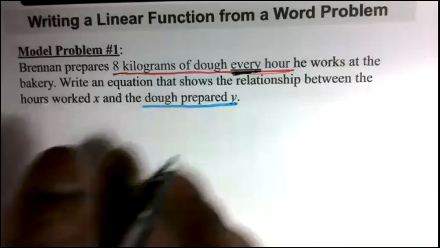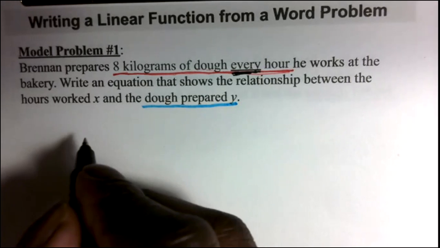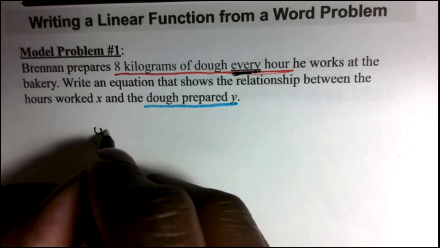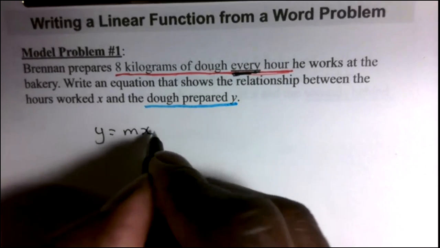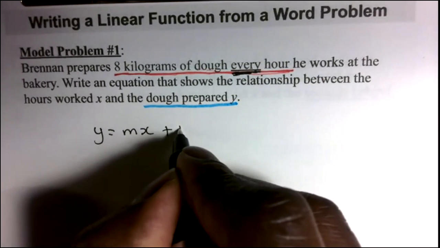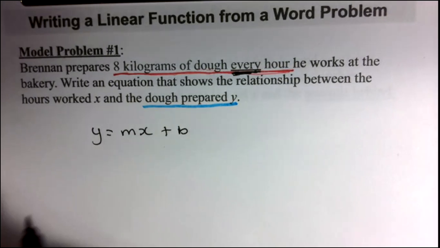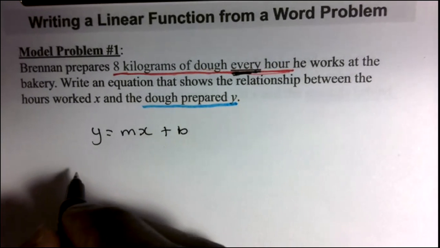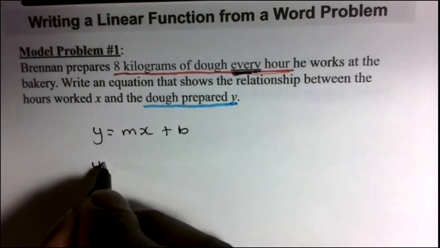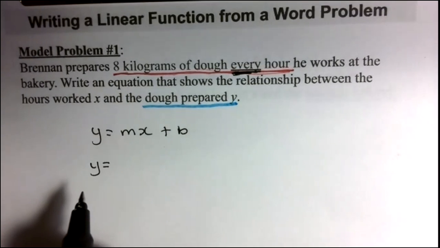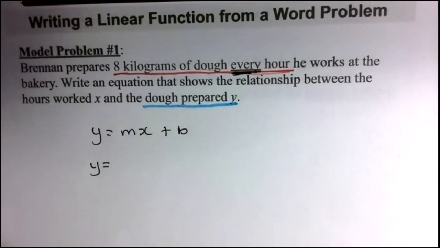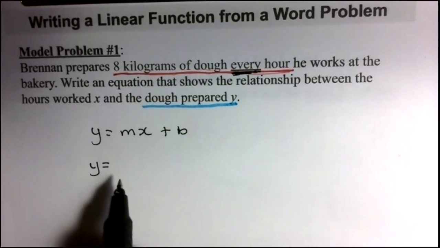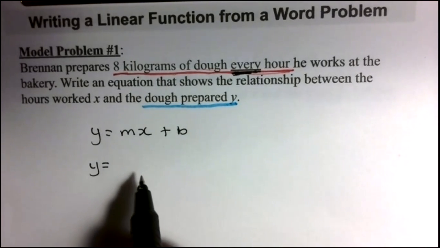So we read it. In order for us to create an equation, let's look at what we have. We have Y is equal to MX plus B. All right. But here we do not have a starting point. All right. So I can rewrite this by saying Y is equal, and here if we look at this, X represents the number of hours worked, right?